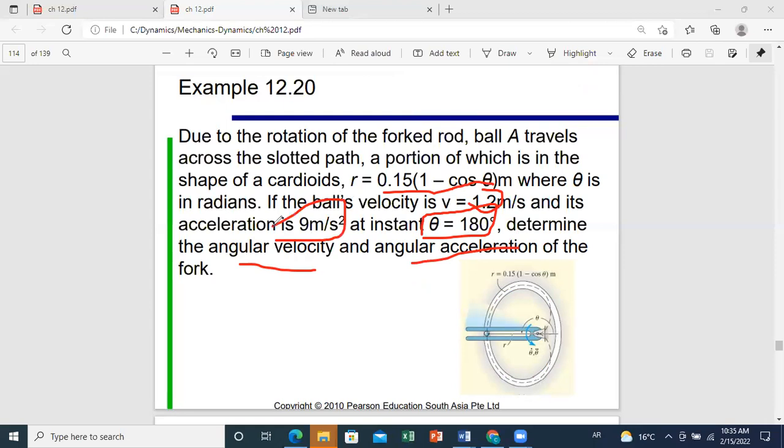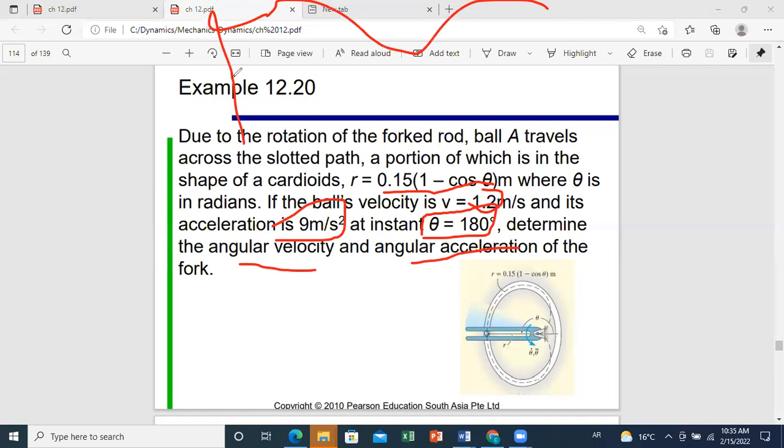So in this problem, we are doing it in the reversed way. Instead of giving us angular velocity and angular acceleration and asking to get the magnitude of velocity and acceleration, they did the opposite. They gave us the magnitudes of V and A, and they want us to get theta dot and theta dot dot.